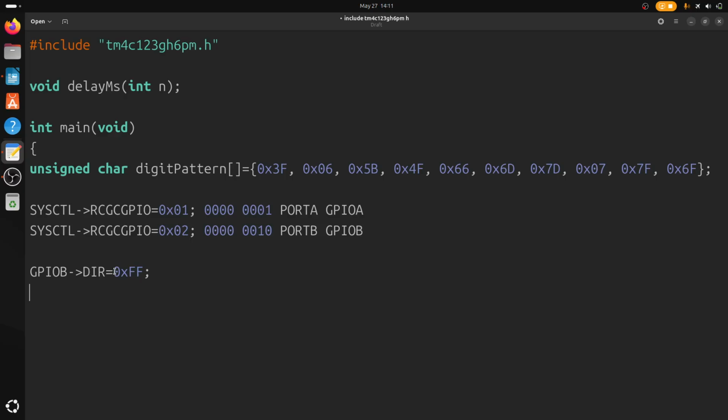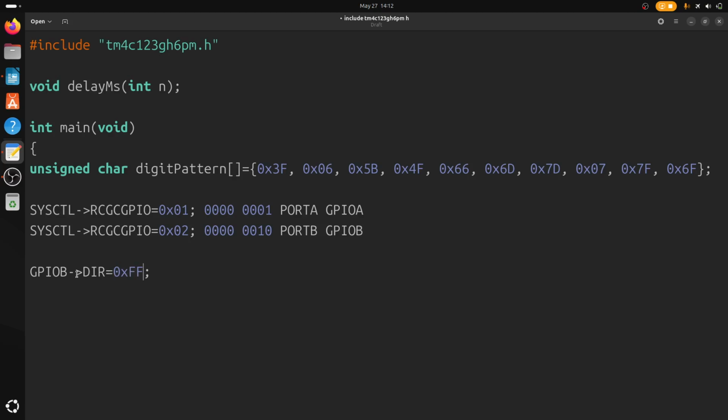But here I'm choosing output. If it is written like this, then I'm choosing it as input, clearing the values for the input. So this one I'm choosing as output.